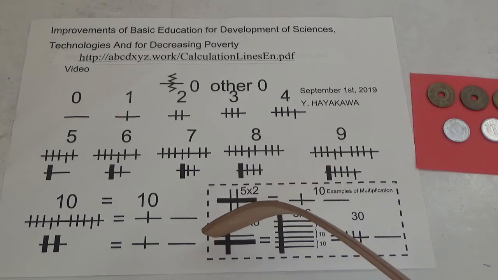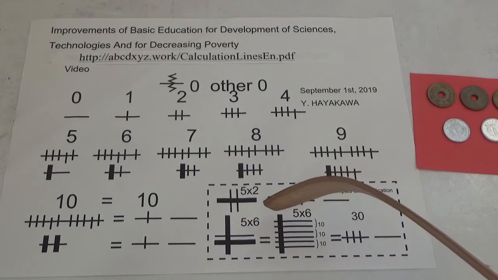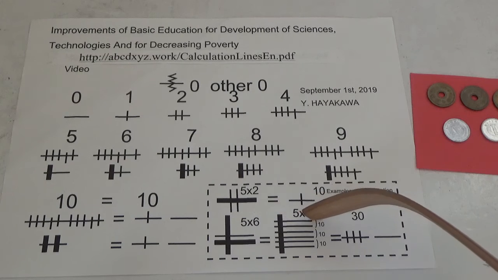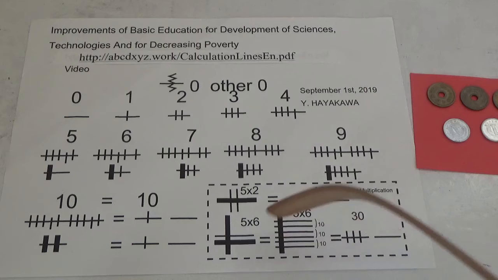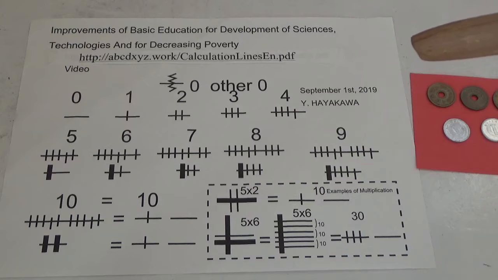And this is 6 crossing with 5 line, and this is 5 plus 5 is 10, 10, 10, 10. So it is 30. It's a multiplication, but I will explain you later.